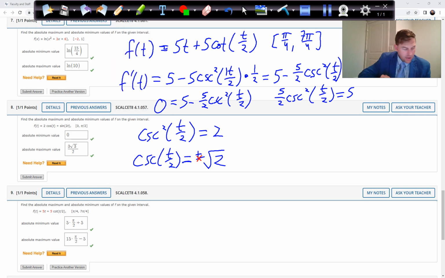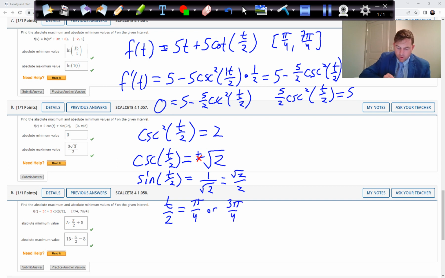So instead of cosecant, we're going to do sine of t over 2 equals 1 over root 2, which is the same as root 2 over 2 when you rationalize the denominator. So when is sine equal to root 2 over 2? That occurs when its argument is either pi over 4 or 3 pi over 4.